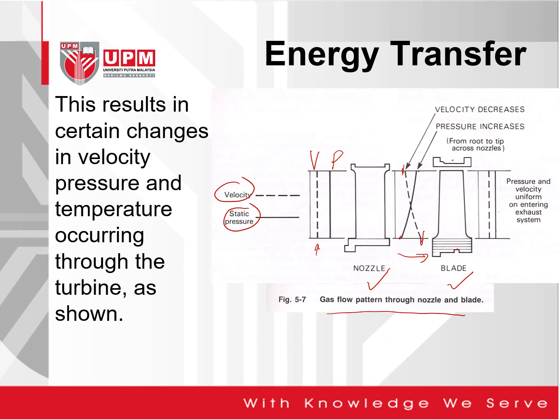Finally, when it passes through, it already has a reduced pressure and velocity compared to before it enters. So this is before, this is after. Compared to A and B, the value of the velocity will be reduced and the value of the pressure also reduced in order for it to go into the exhaust system.